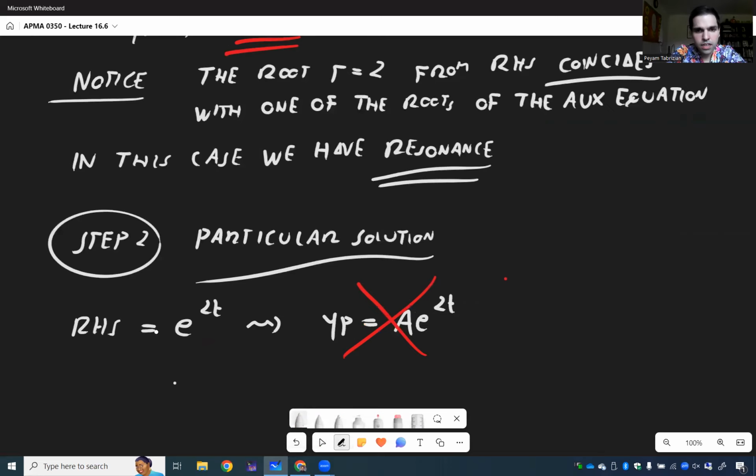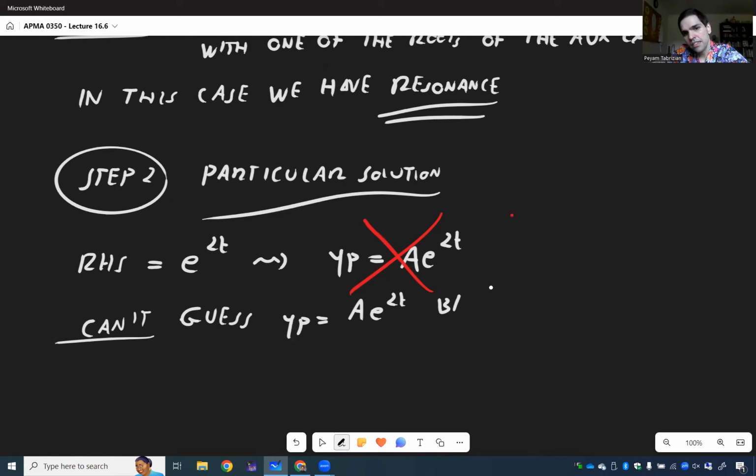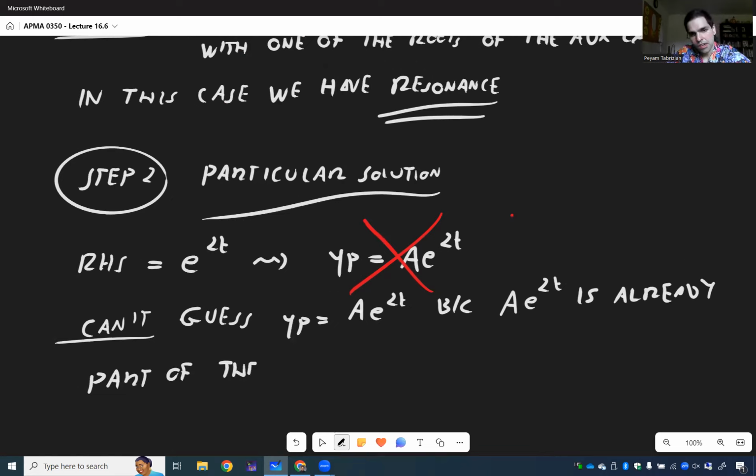So here, you can't guess yp equals a e to the 2t because a e to the 2t is already part of the homogeneous solution.